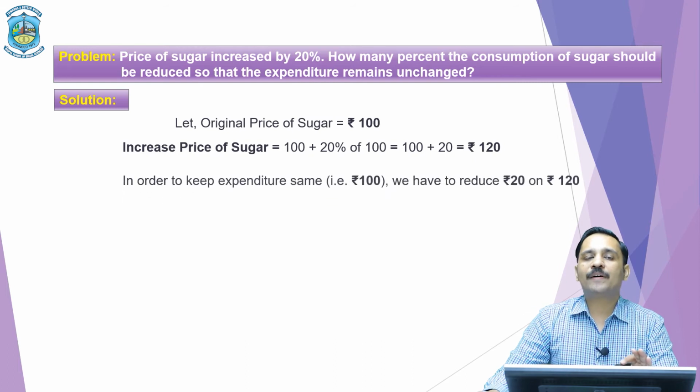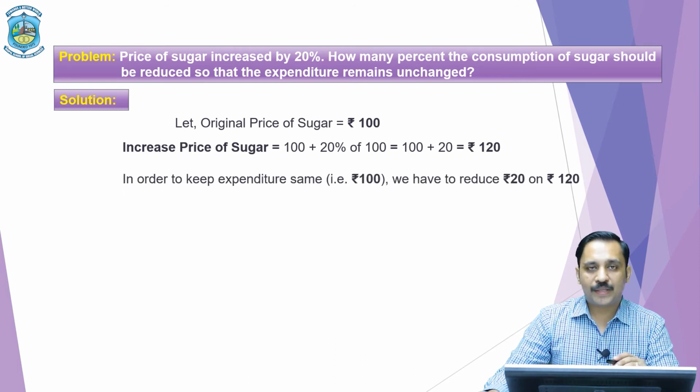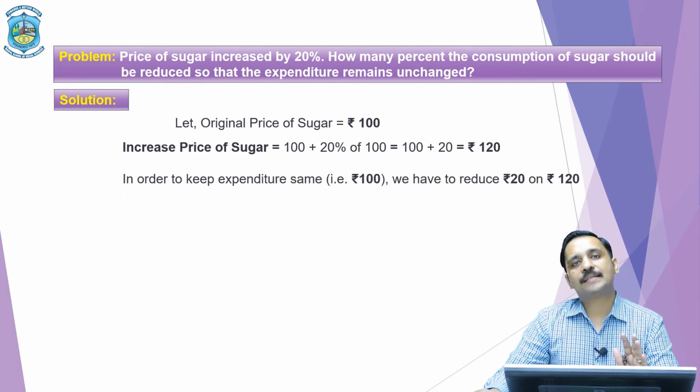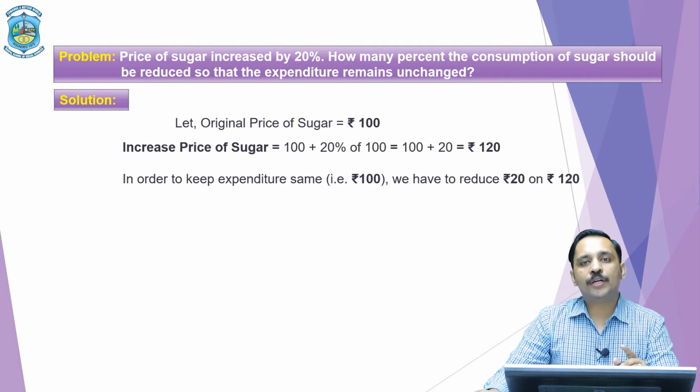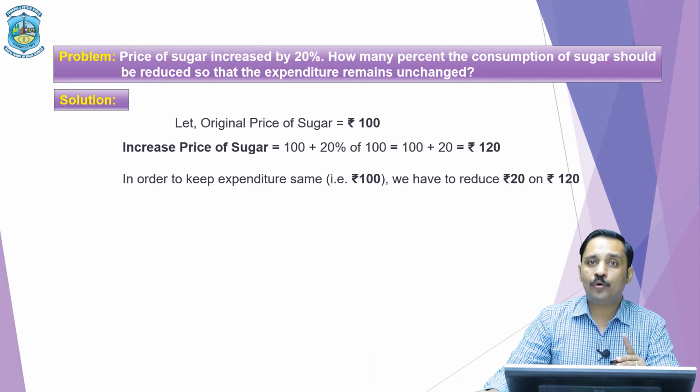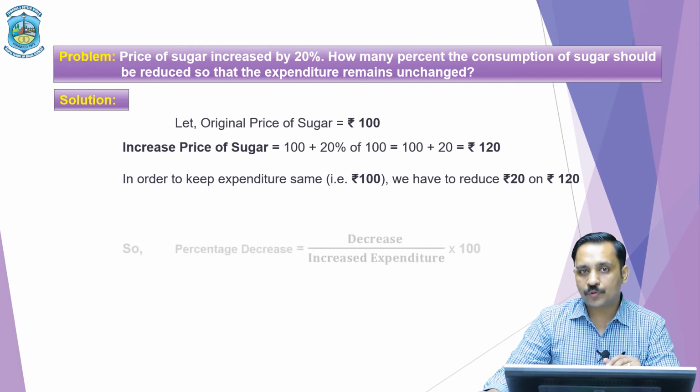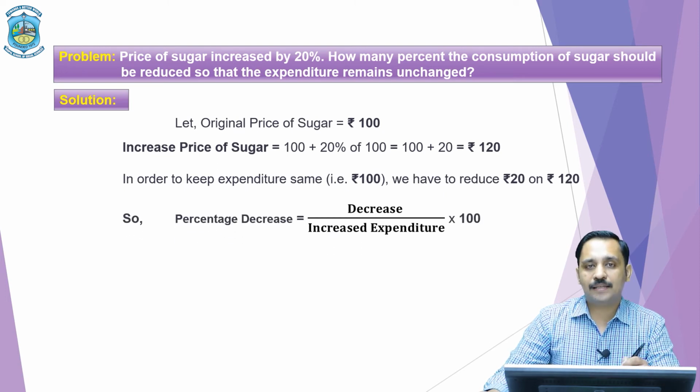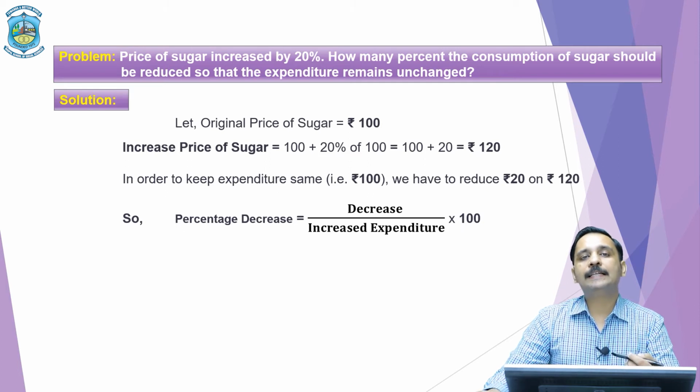In order to keep our expenditure the same, that is, we have to keep the expenditure as 100 only, we have to reduce rupees 20 on rupees 120. So the percentage decrease is equal to the amount of decrease divided by the increased expenditure multiplied by 100.